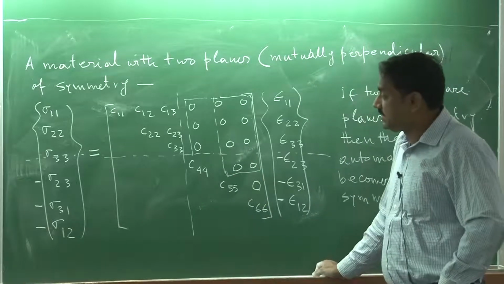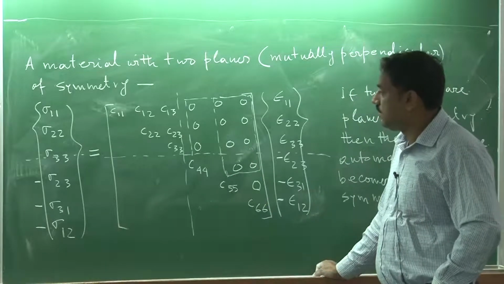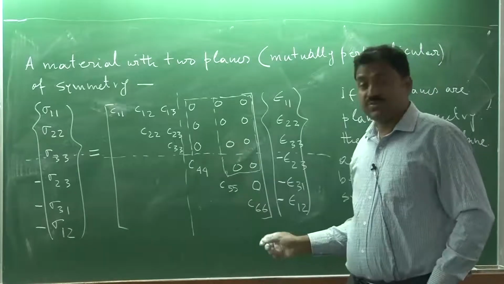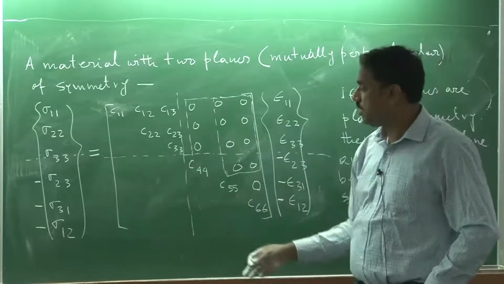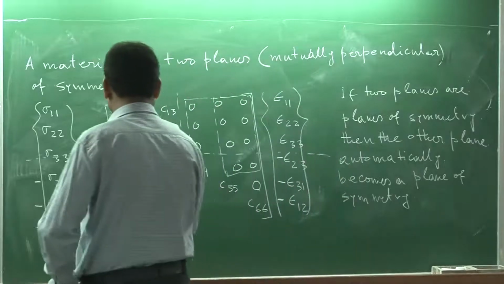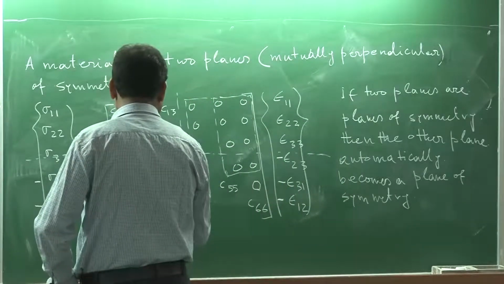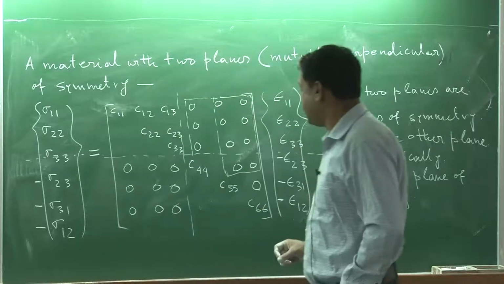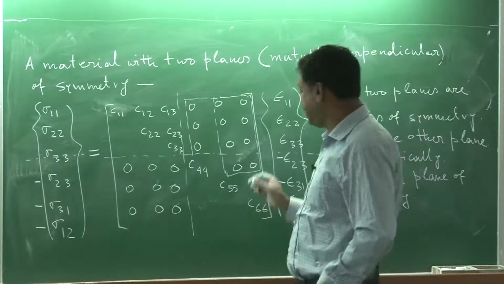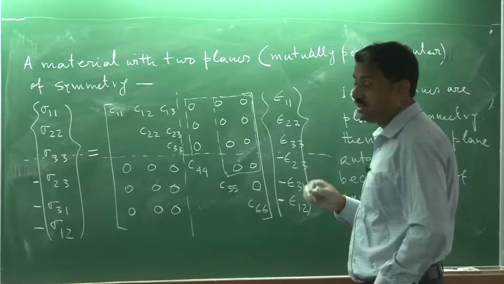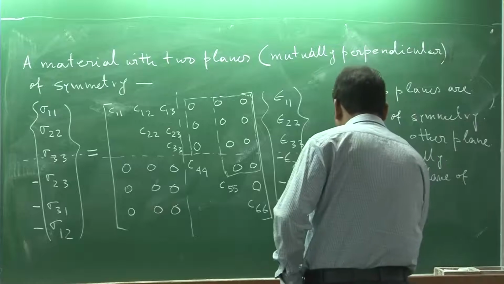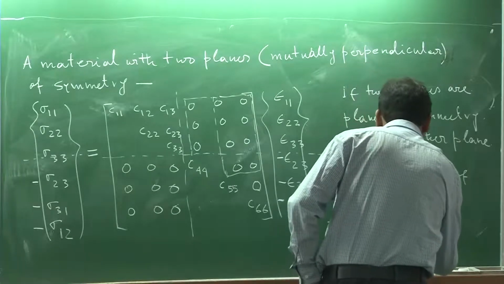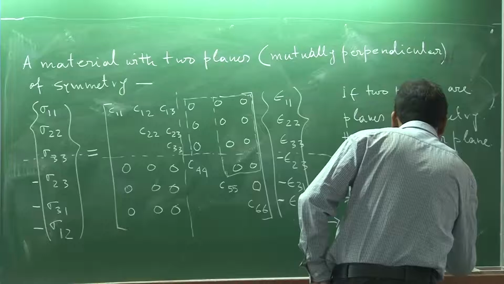What this means is that off diagonal terms are 0 for these two blocks. So this block is 0, this block is 0. You see, this kind of material in which the two or three planes are symmetric is called an orthotropic material.